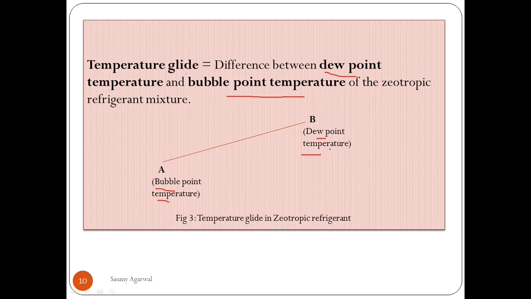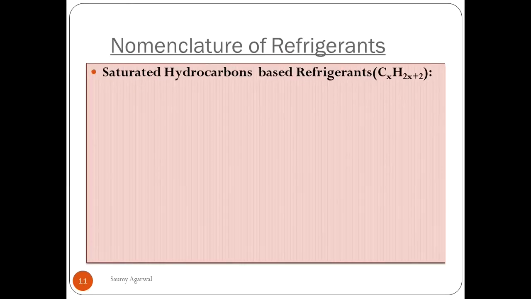Now we'll see the nomenclature of refrigerants. First we'll start with saturated hydrocarbon based refrigerants. These are refrigerants which have single covalent bonds between carbon and hydrogen or any other halogens. The chemical composition of a saturated hydrocarbon is CxH2x+2, as you can see here.